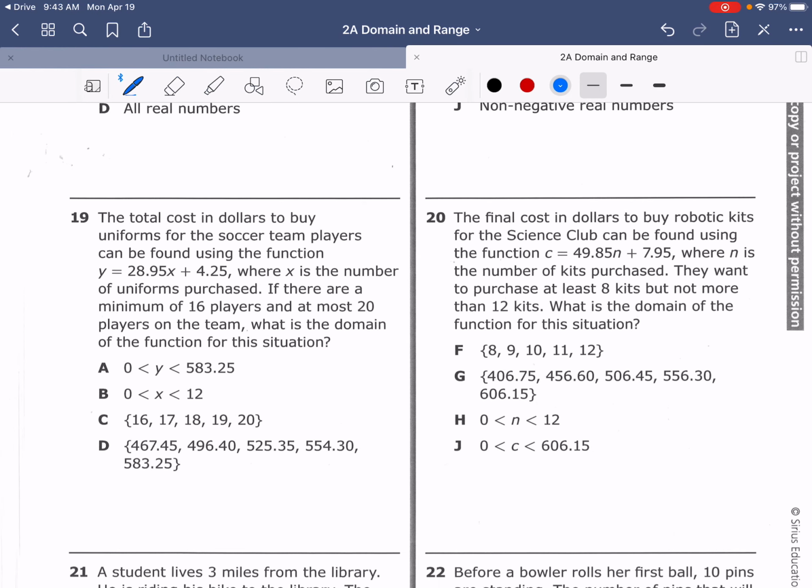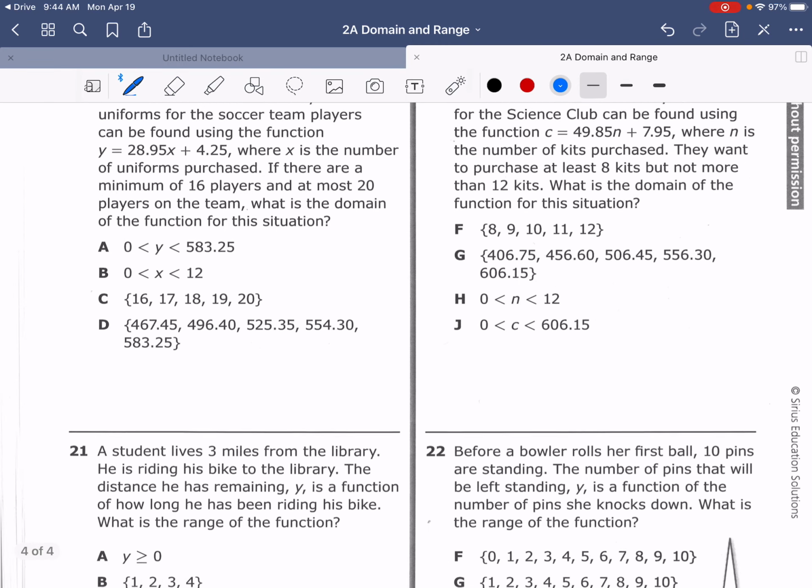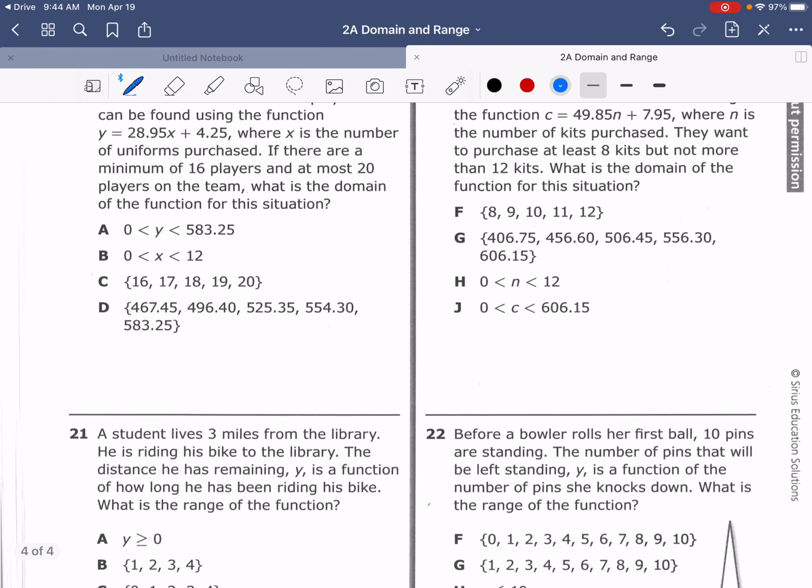Question number 19. The total cost in dollars to buy uniforms for the soccer team players can be found using a function like this. You can read through it, and it asks what is the domain of the function for this situation? So you're trying to find the domain, the x values.